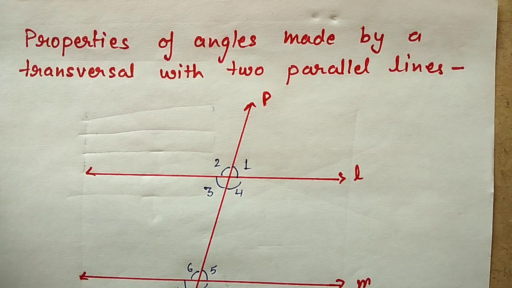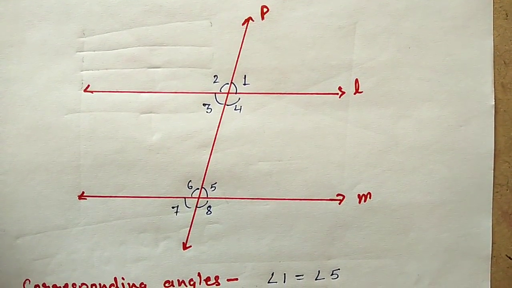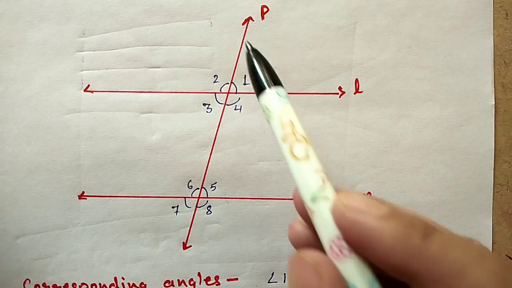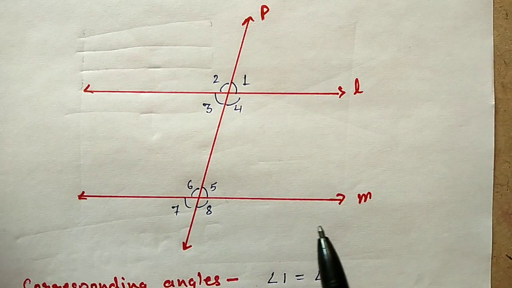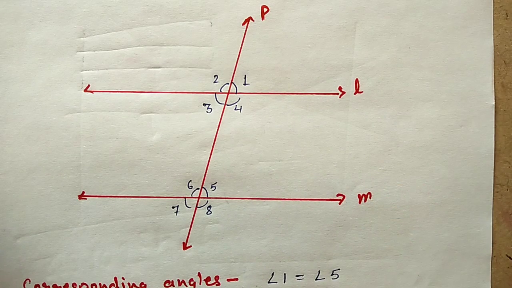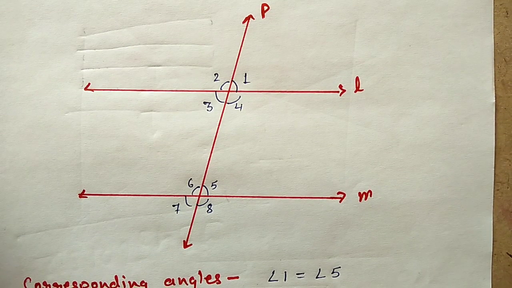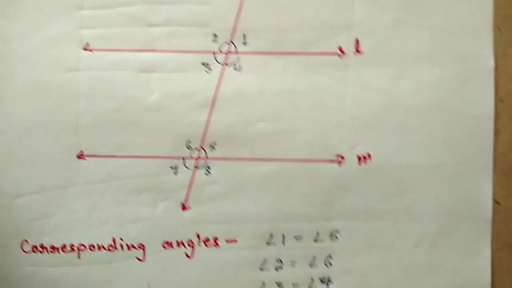After transversal line, we have properties of angles made by a transversal with two parallel lines. If we have two parallel lines and one transversal line intersects these two lines, you can see L and M are two parallel lines and this line P is intersecting these two lines. In this case, we will get a few results. First, we will discuss the angles formed by the transversal line.